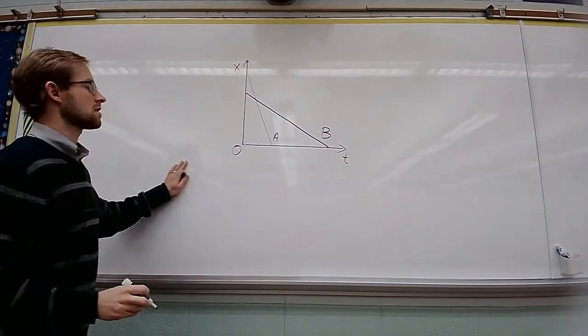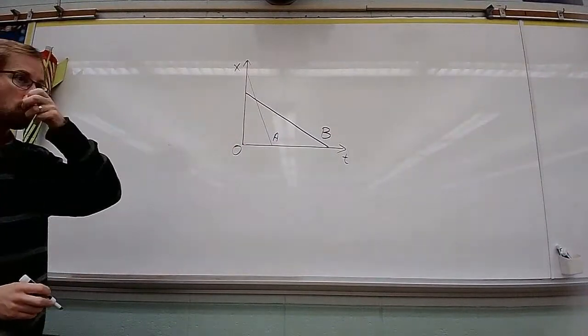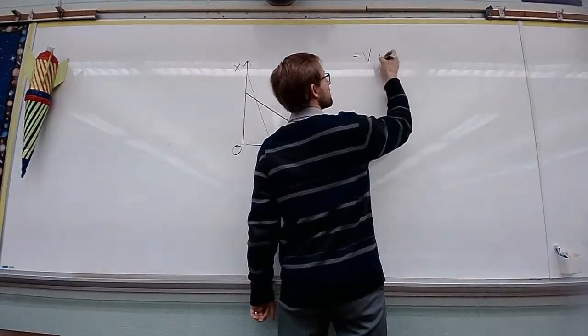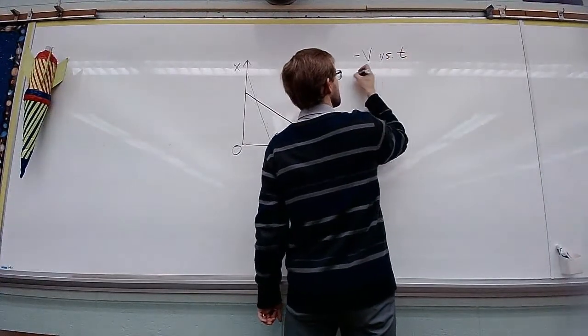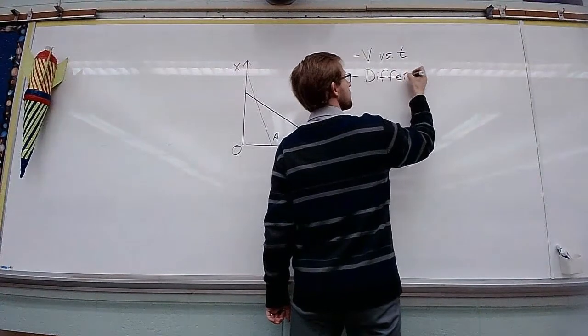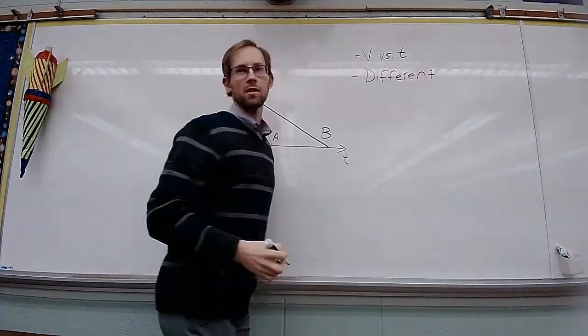So now do the same thing for these two objects. Draw the velocity time graph, and then explain how the motions are different.